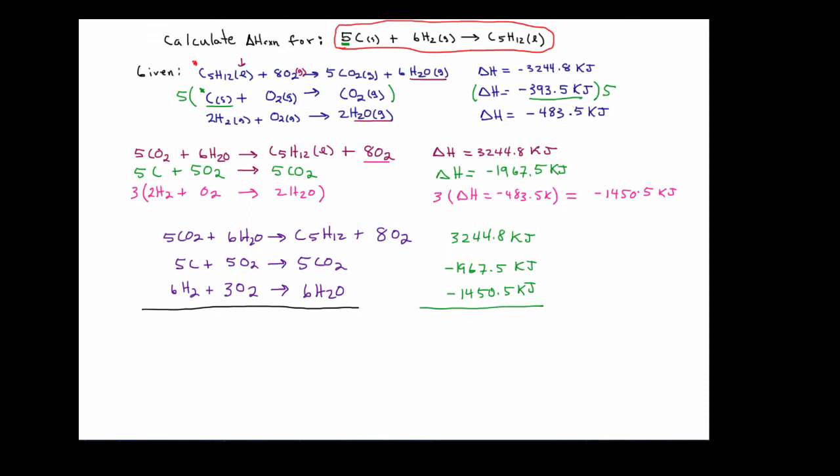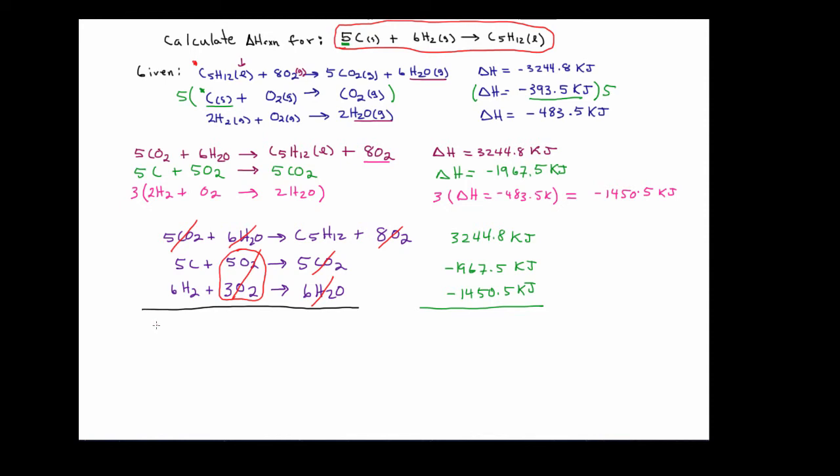All right, now let's see how we do on the canceling here. So these 5 CO2s cancel with these 5 CO2s. This 8 O2 here cancels with these 8 oxygens. And then these 6 H2Os cancel with these 6 H2Os right here.